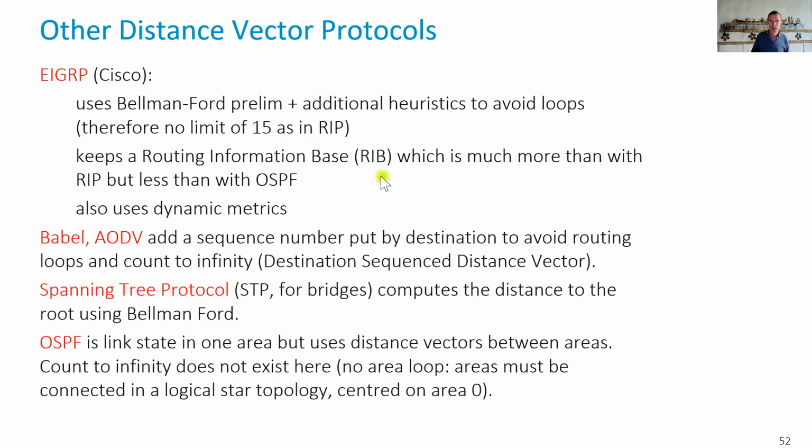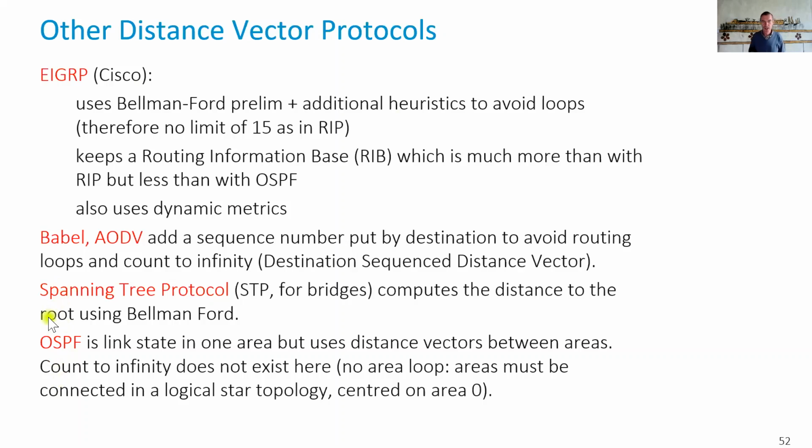So the routing information base is not just the routing table, it is more than the routing table, but still much less than OSPF. And it uses a number of tricks to avoid the count to infinity that I will not go through.